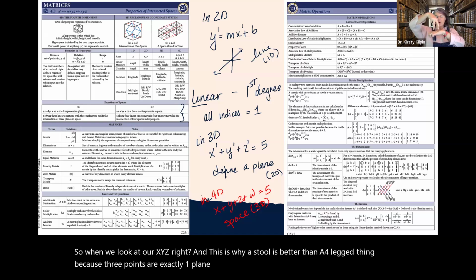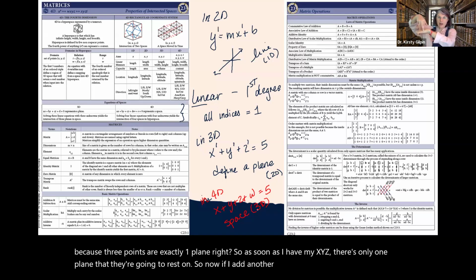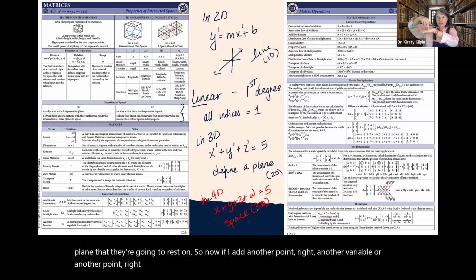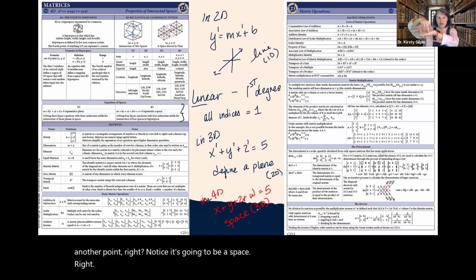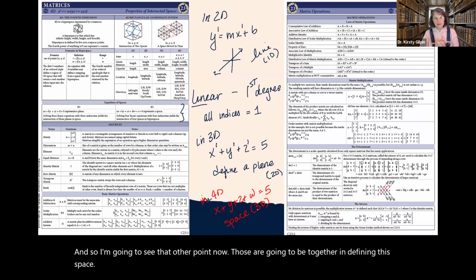As soon as I have my X, Y, Z, there's only 1 plane that they're going to rest on. So now if I add another point, another variable, notice it's going to be a space. Those are going to be together in defining this space. And that progression is going to continue.